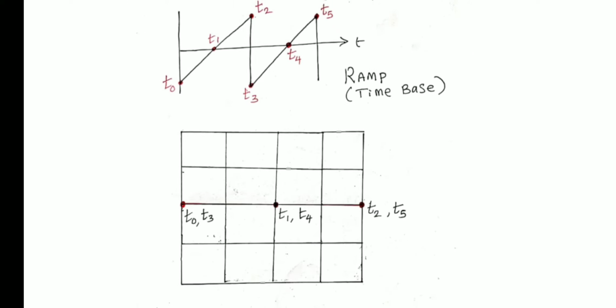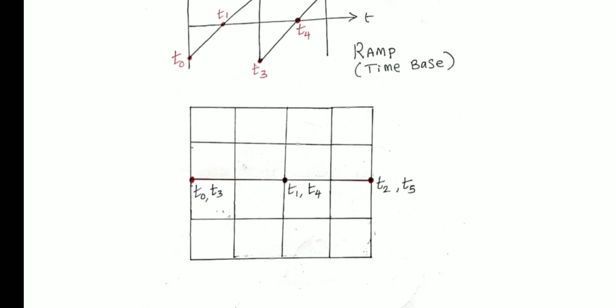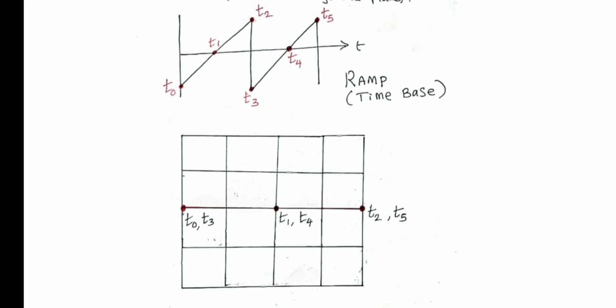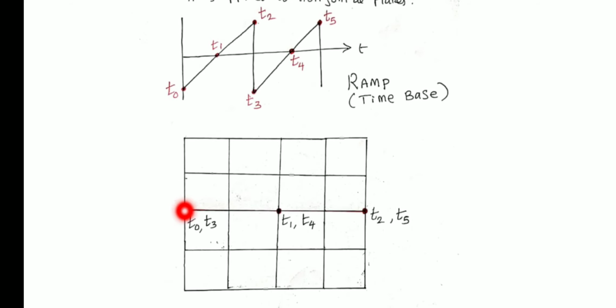The voltage is negative maximum, right? Hence the luminous spot will be at the extreme left of the screen in the horizontal line, extreme left position at the horizontal line like this.